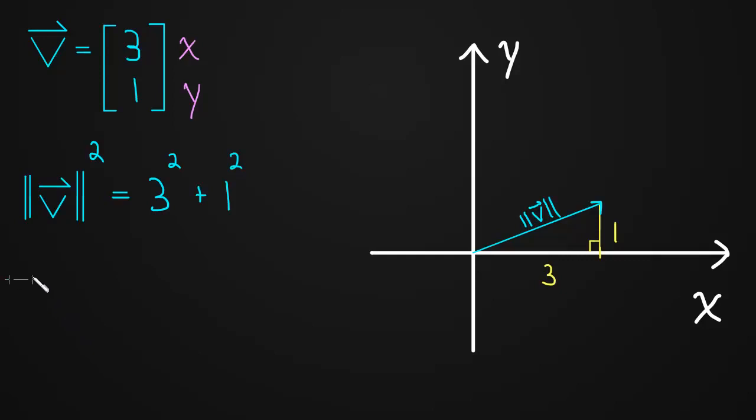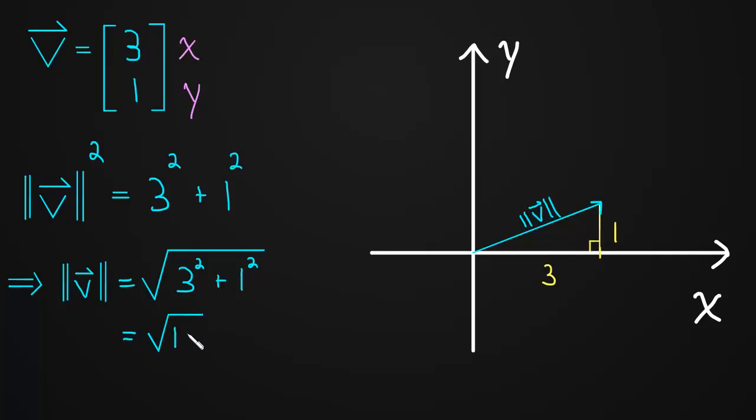And so that implies, if we just take the square root of both sides, that the length of v is equal to the square root of 3 squared plus 1 squared, which simplifies to the square root of 10.